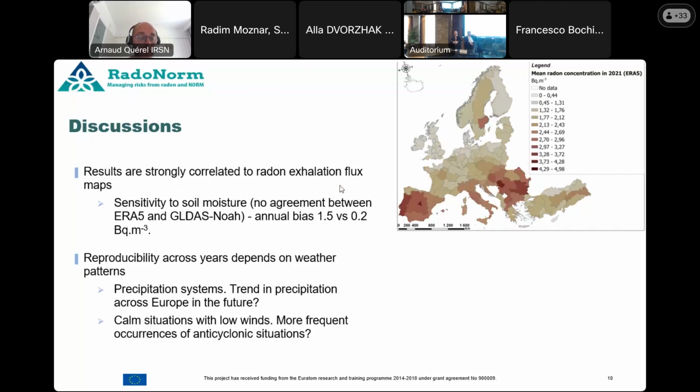And one possible future work is to study the changes in radon air concentration, especially due to climate change, because the precipitation systems will change and the wind situation will also change in Europe in the coming decades. So it can lead to important effects on the radon air concentrations which will be measured in the coming decades in Europe. So thank you for your attention, and if you have any questions, I will be glad to answer.